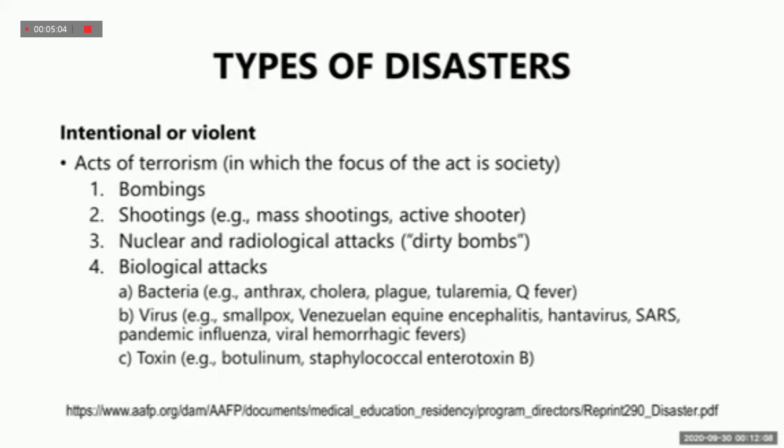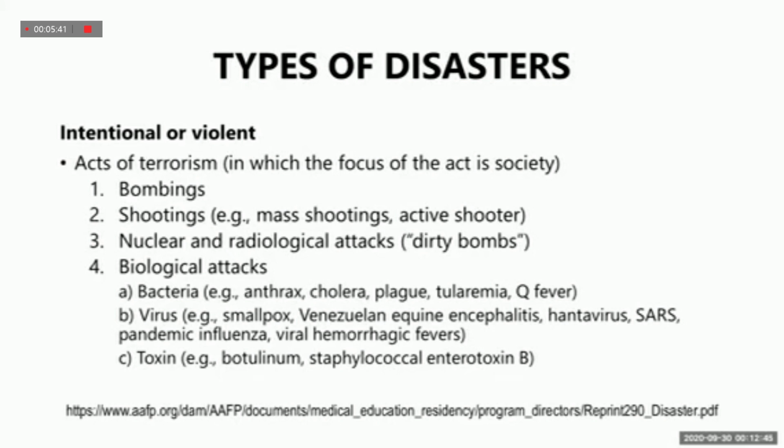Shooting is mainly for a couple of individuals, but when you're talking about intentional or violent acts in terms of terrorism, the focus here is society. So there is a potential for victims in massive numbers, for example, in bombings, in shootings, nuclear or radiological attacks, and even biological attacks.